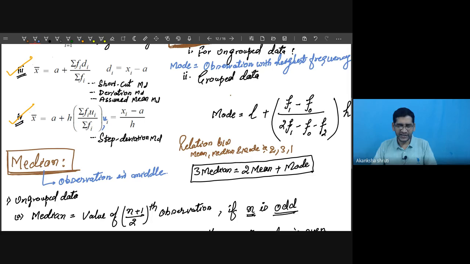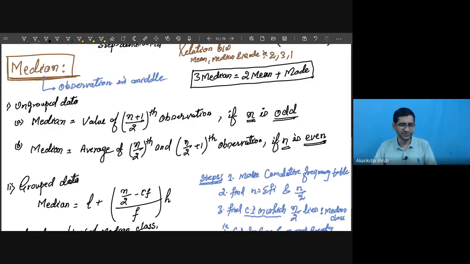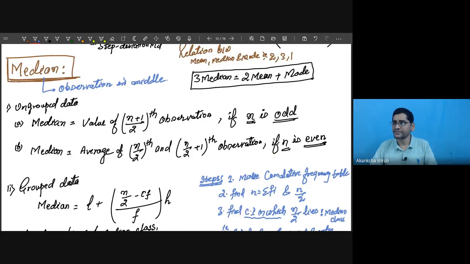Now the other kind of central tendency is the median. So the median we will learn today. What is the median? If we are given ungrouped data, then arrange the data in increasing or decreasing order. Then the data at the center or middle is called the median. It's so simple.